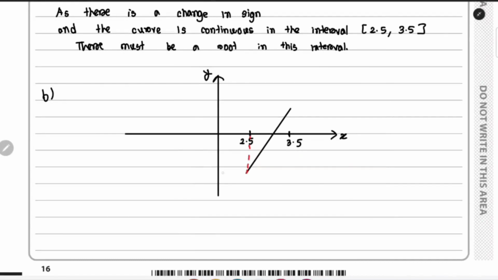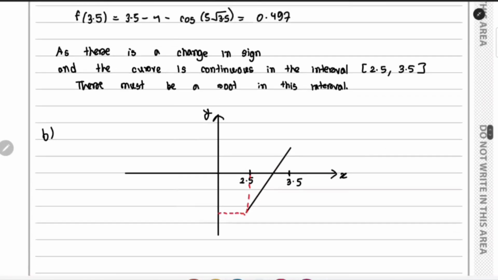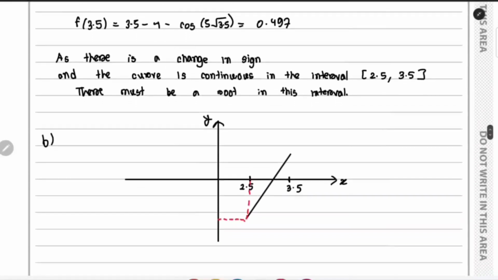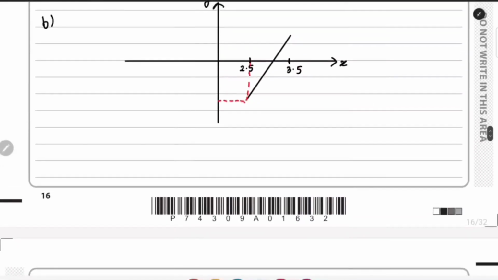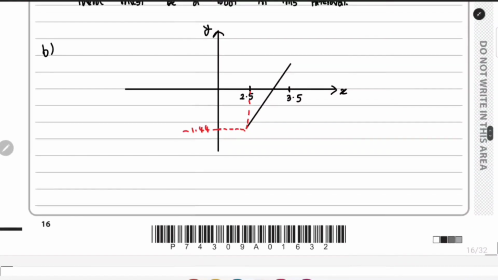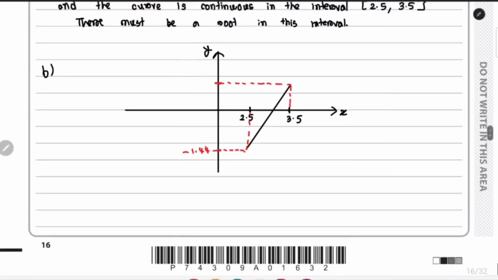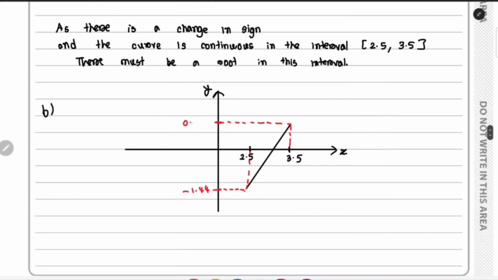At 2.5, we know that the value of y would be approximately minus 1.44. For the calculation, we'll be using the exact values using calculator answers. And this will be 0.497.